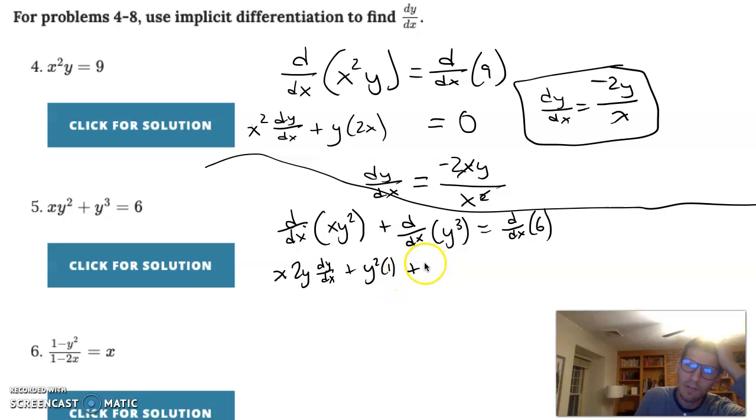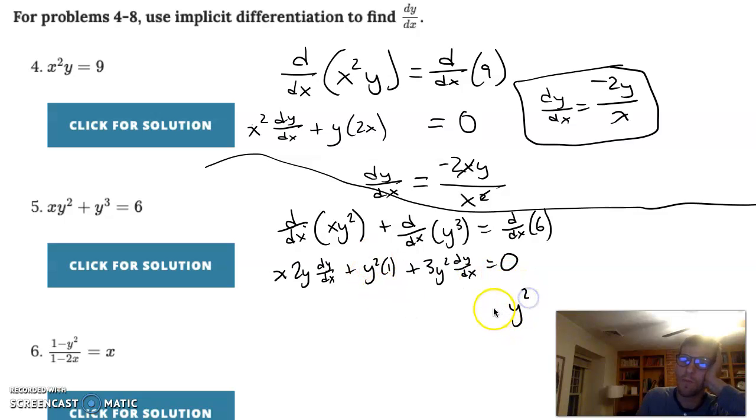And then here I'm going to have my 3y squared, but again I'm going to have my dy dx equals 0. Subtract my y squared over. Now I just have my 2xy dy dx plus my 3y squared dy dx equals my negative y squared.